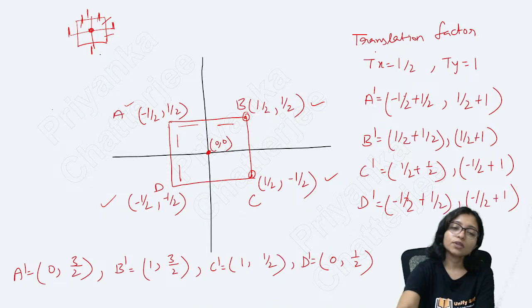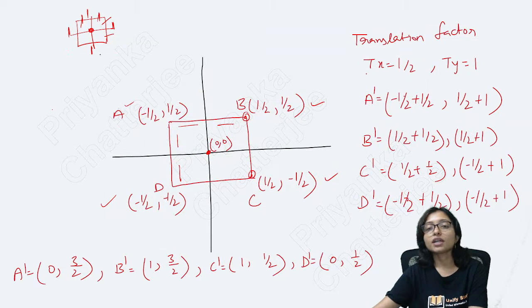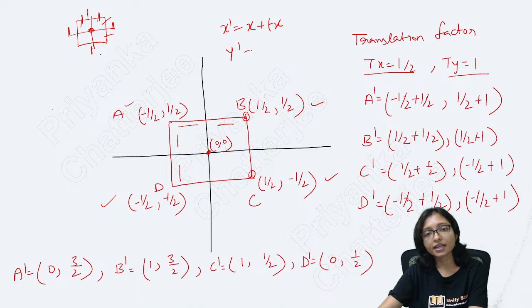First of all, we will do the translation. The translation factor is 1 by 2 and 1. So tx is 1 by 2, ty is 1. So add the values. X dash equals x plus tx and y dash equals y plus ty.